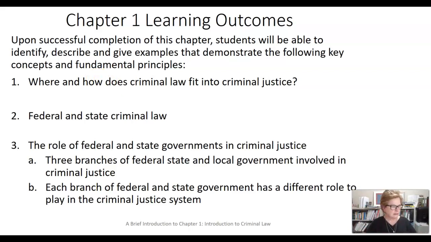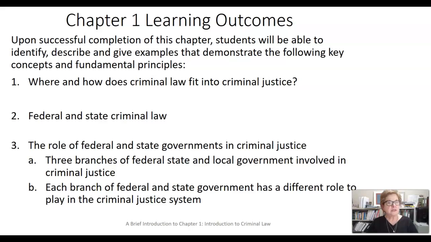Who does what? Federal and state criminal law, we'll talk about both bodies of law and also recognize that there are 50 states in the United States, 50 different bodies of criminal law, lots of similarities, but likewise lots of variations that impact the administration of justice in criminal cases across all 50 states.